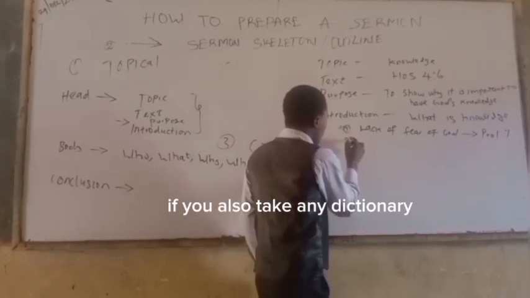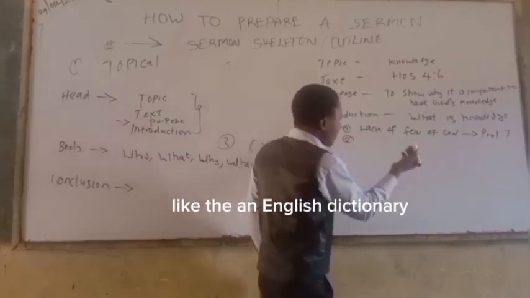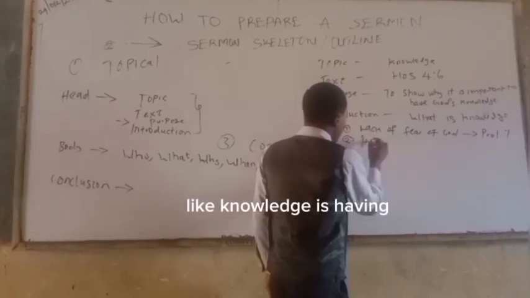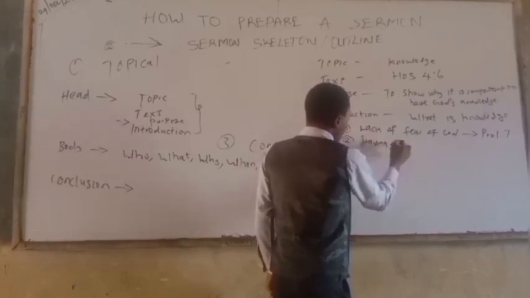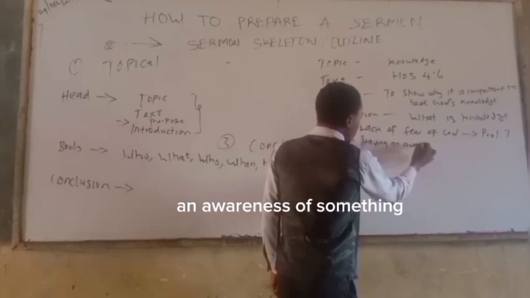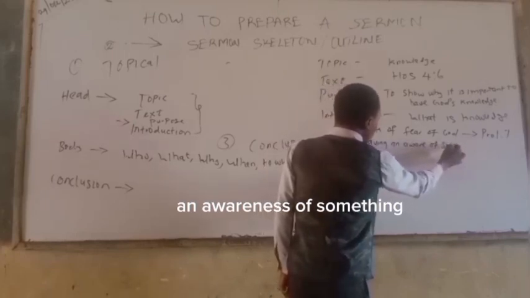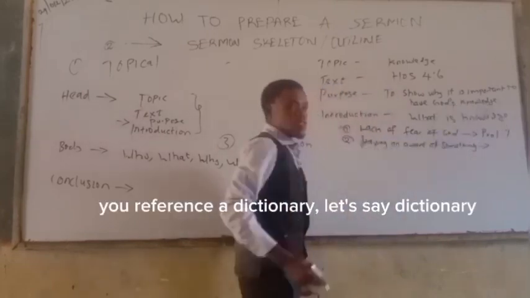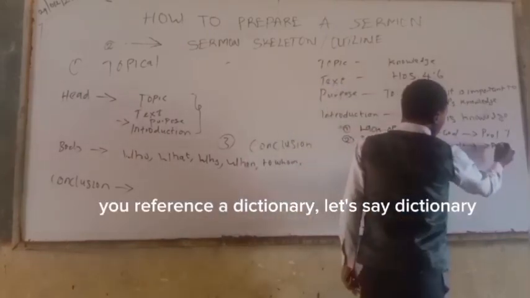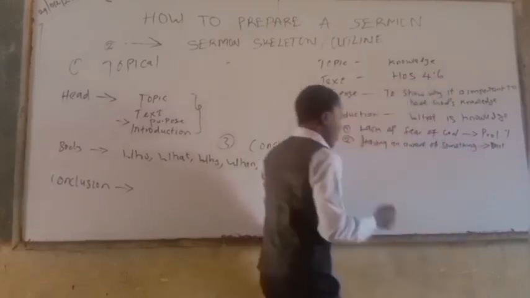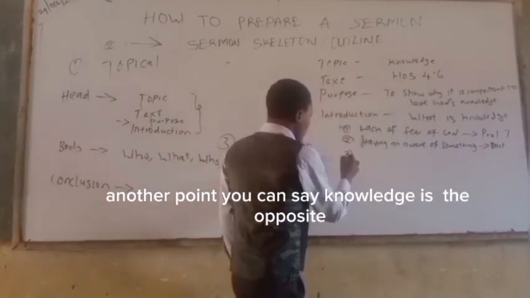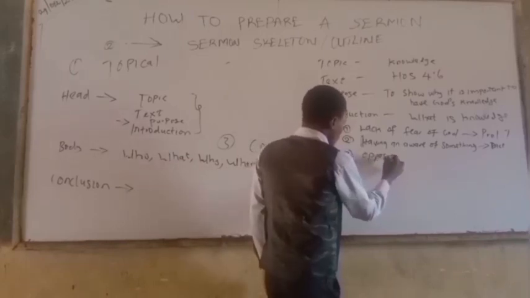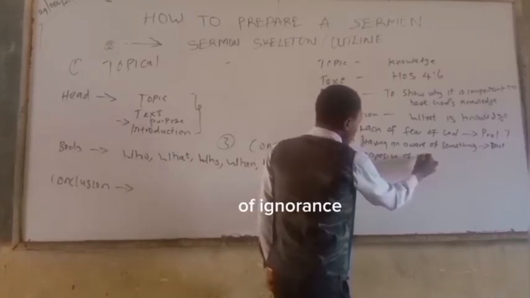If you also check any dictionary, let's say an English dictionary, knowledge is having an awareness of something. You will reference the dictionary. Another point you can say, knowledge is the opposite of ignorance.